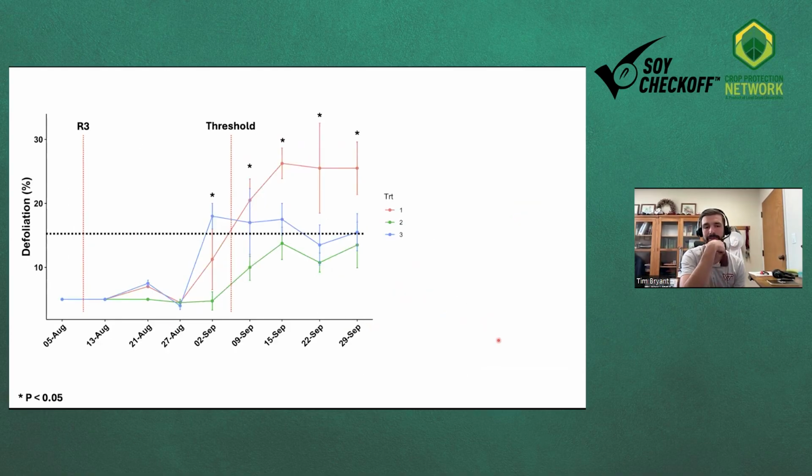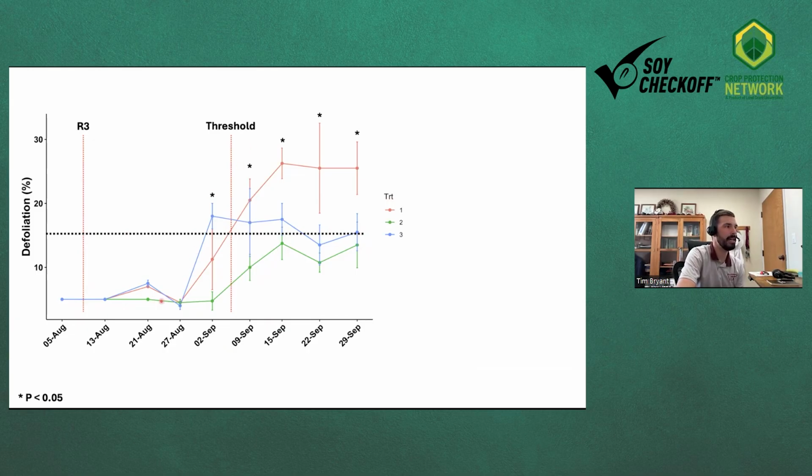So our threshold for these is not actually based on the number of insects. It's based on percent defoliation. So that's what we're showing here. Again, our R3 spray here early in the season. And during reproductive stages of soybean development, our defoliation threshold in Virginia is 15%. So that's shown here in this black dotted line. And you can see the percent defoliation actually remained pretty low in that automatic application, which didn't necessarily jive with the soybean looper numbers like we would have expected it to.